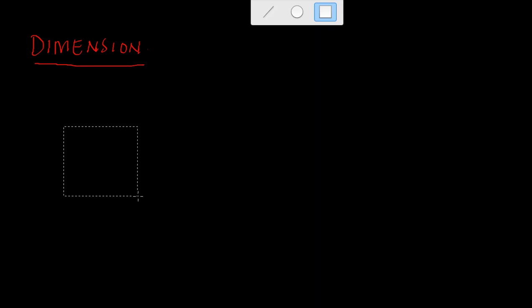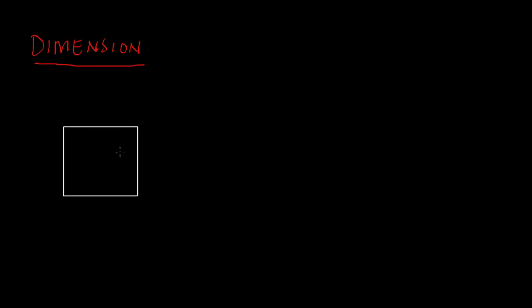Let's say I have a square like this. The side of this is A and the side of this is A. Now, what is the area of this square? We know that the area of the square is side square, isn't it? So side here means A square, got it?